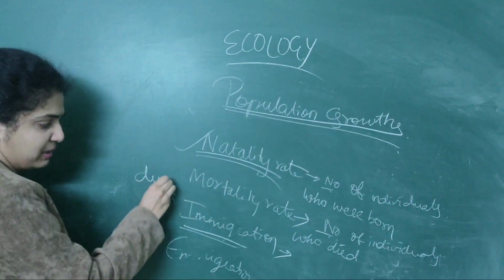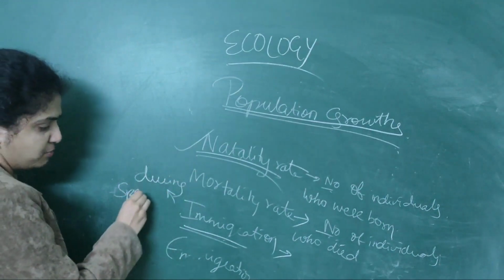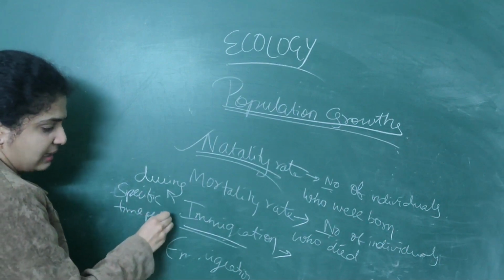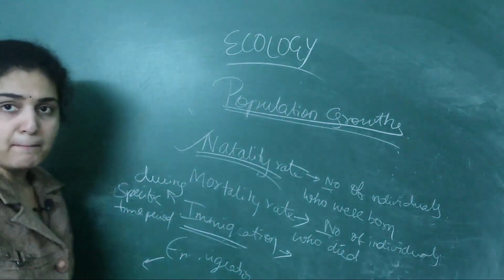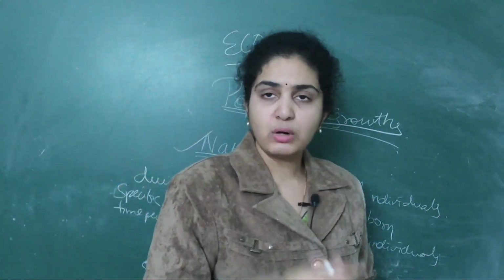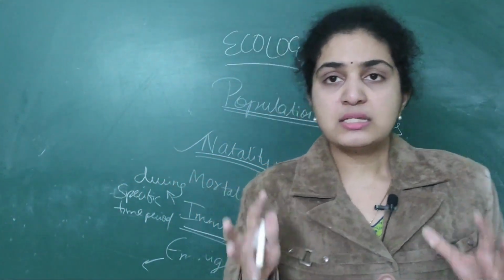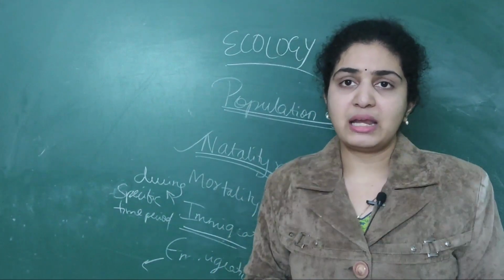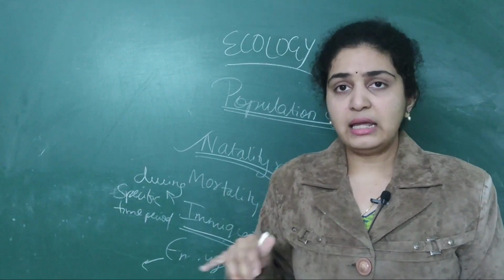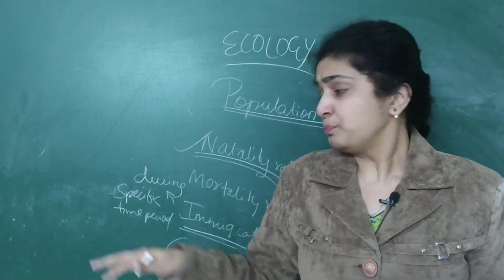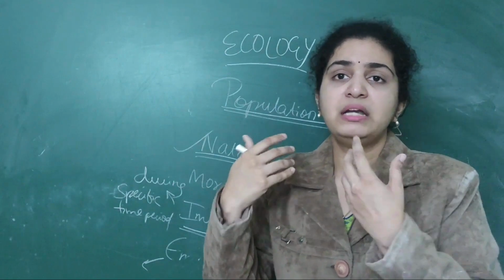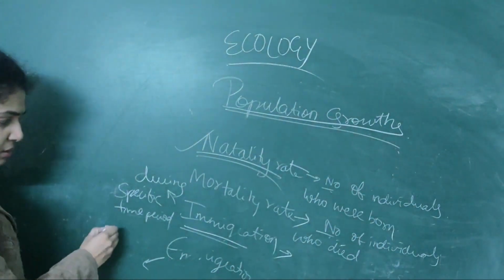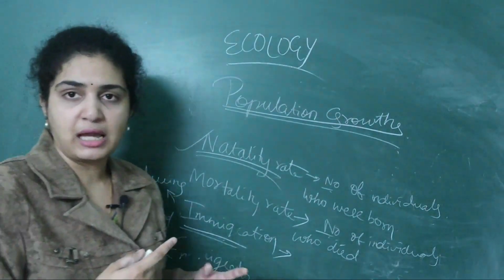During a specific time period is important from the NEET point of view. Then emigration means number of individuals who have gone to another area during a specific time period. Suppose from India, numerous have gone to America. Who have left India, they are called emigration, again during a specific time period.